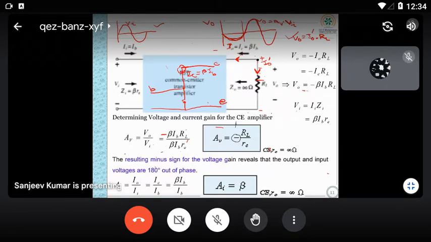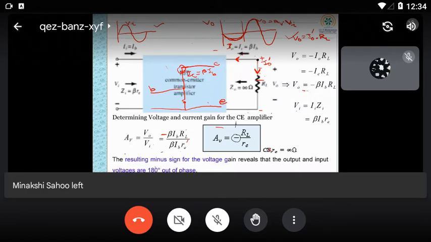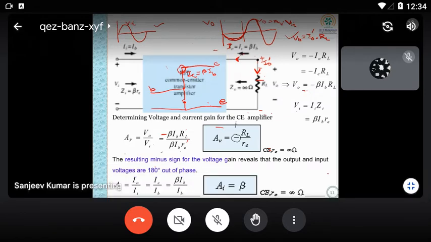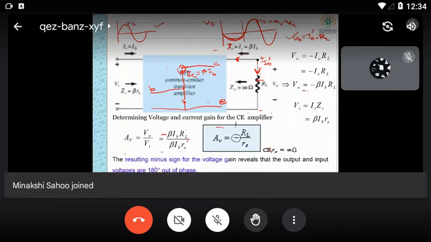Now in common emitter configuration, without considering other resistors like RC, RE, RB, in the simple configuration voltage gain depends upon load resistance divided by dynamic resistance, and current gain will be beta. A very important point here: this R0 is taken as a very high value, infinite, because the output impedance is infinite.